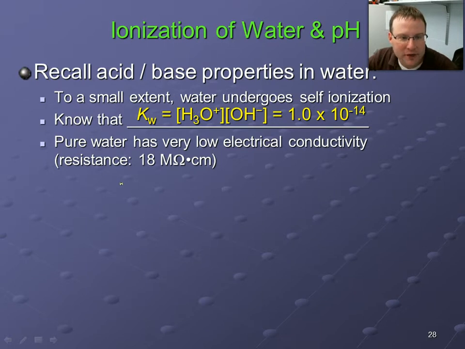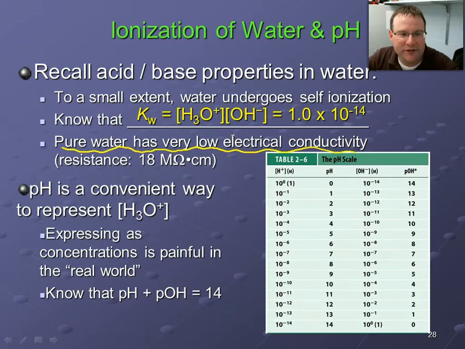But again, in pure water, it's a very small extent, and if we measure the electrical conductivity of water, as some of you know, when you're getting pure water from the analytical chemistry laboratory, it has very high resistance, 18 megaohm centimeters, which is a fancy way of saying pure water doesn't conduct electricity to any meaningful extent because these values are really low.